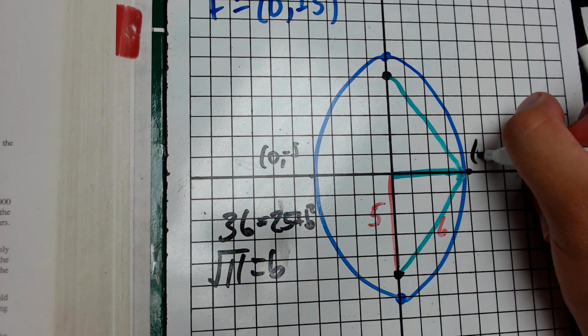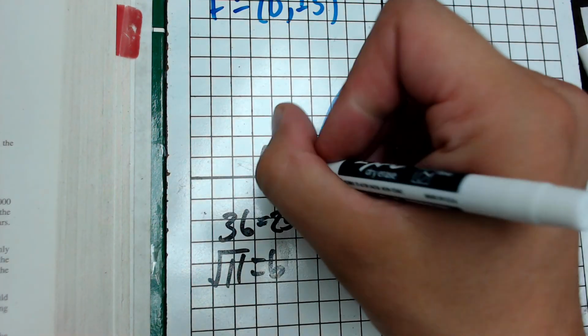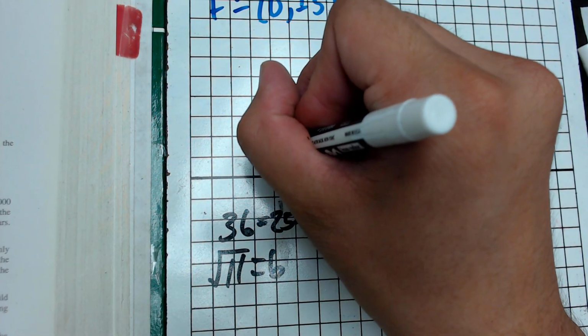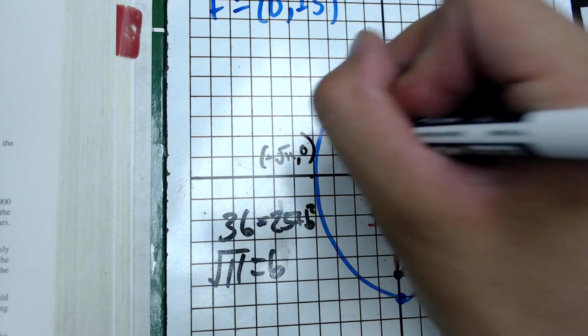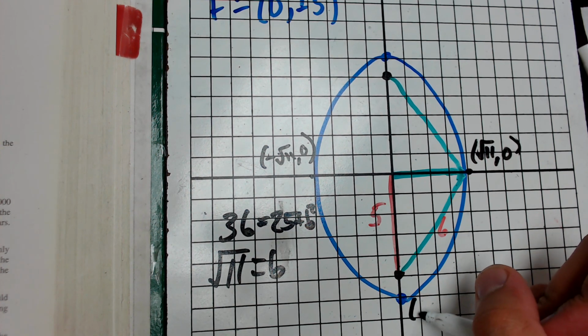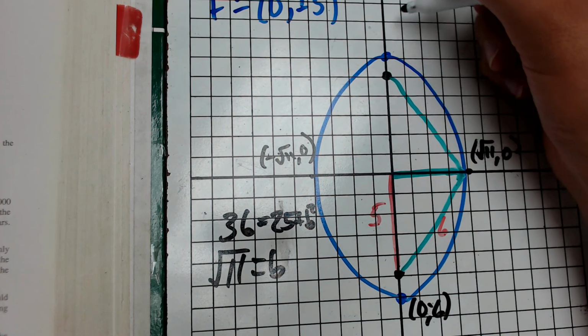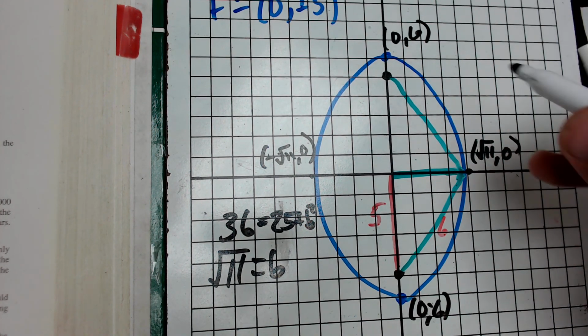Sorry, I did y and then x. This is root 11 comma 0. This is negative root 11 comma 0. Okay, so now that I know these 2 points, this graph is now accurate. Okay, and then I should probably also label this as 0 comma 6, and then there's 0 comma negative 6. Now this graph is accurate.